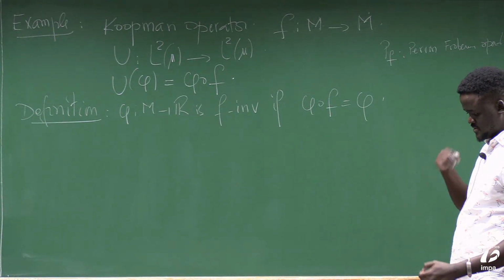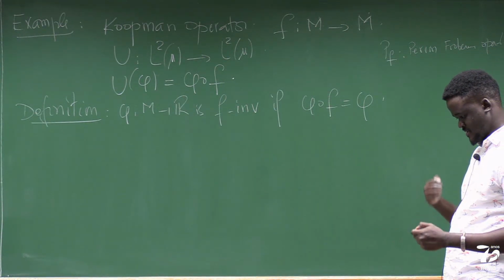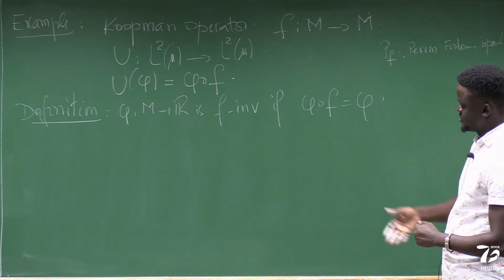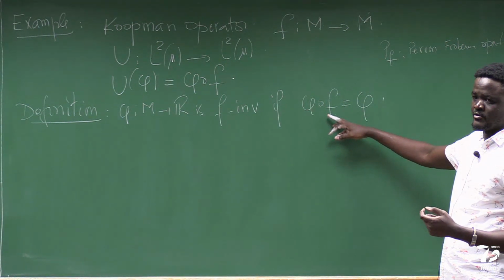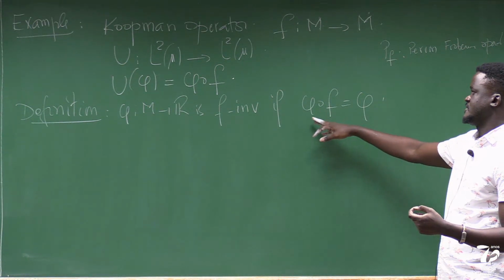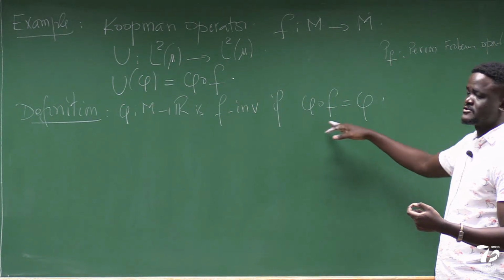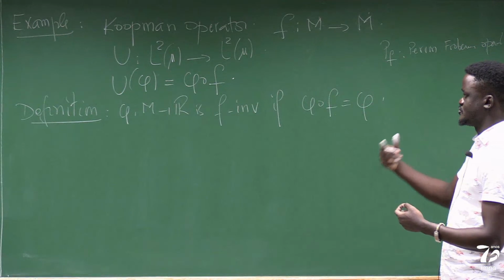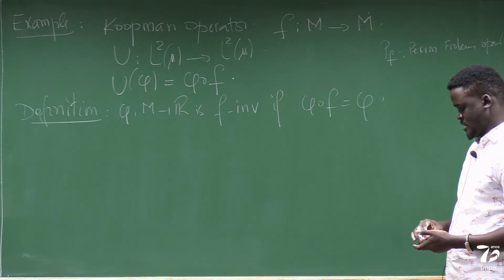Because you can think of being invariant as, for instance, if your dynamical system has a dense orbit and you have an invariant function that is continuous, it has to be constant, because the value has to be the same everywhere on your space. It has to be constant.